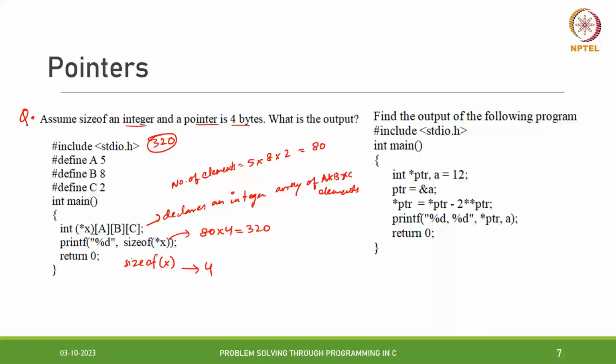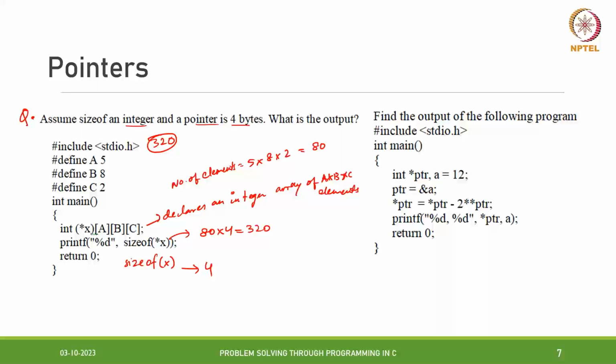But this way, if you write x, you are saying clearly that x is just a pointer and star of x is the array. You are making a difference between the actual array and the pointer to the array by writing it in this form.